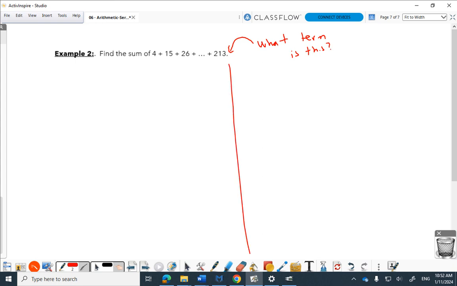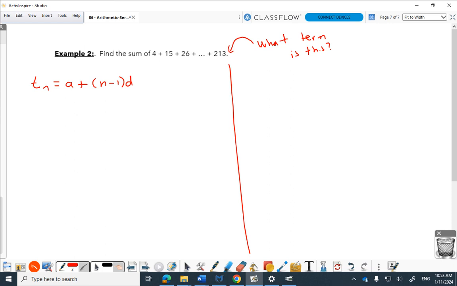First, from previous homework, go back to this and go, okay, Tn equals a plus n minus 1 d. Let's find out what term number that last thing is. Cruel that they gave us that without telling us.